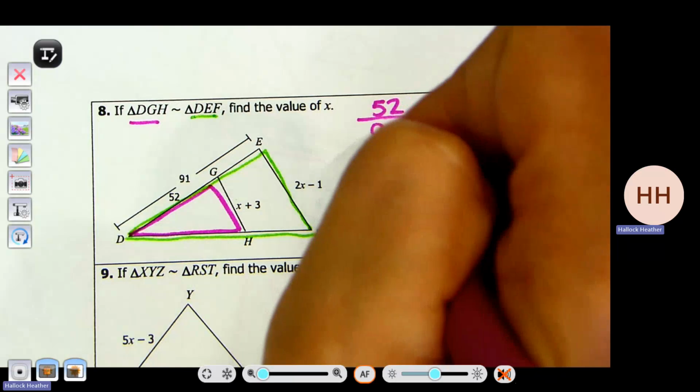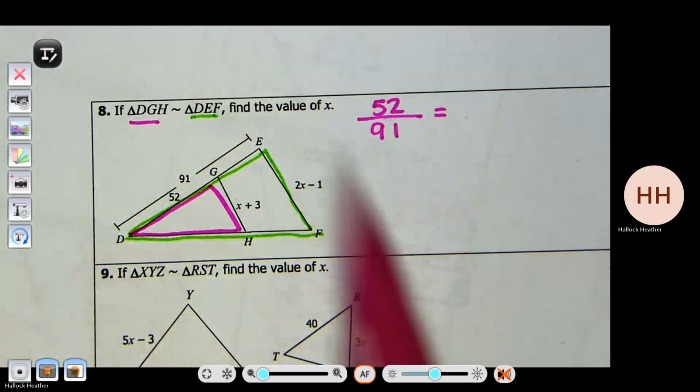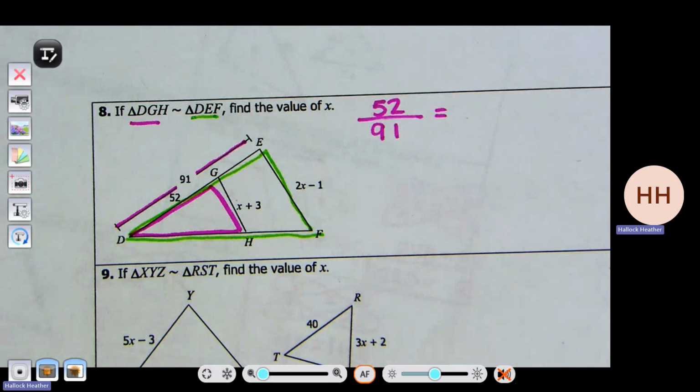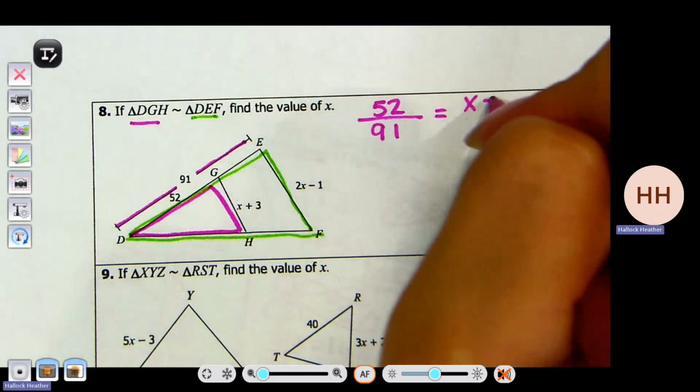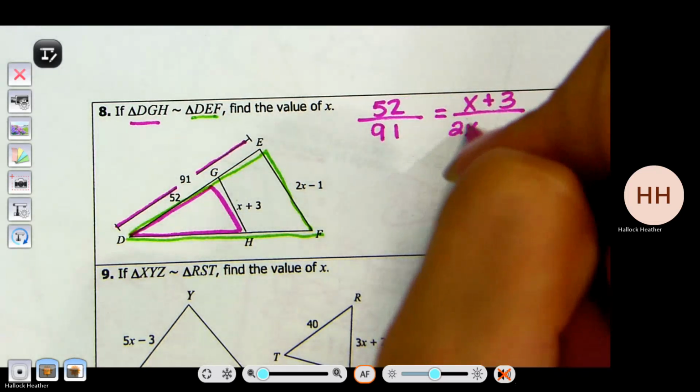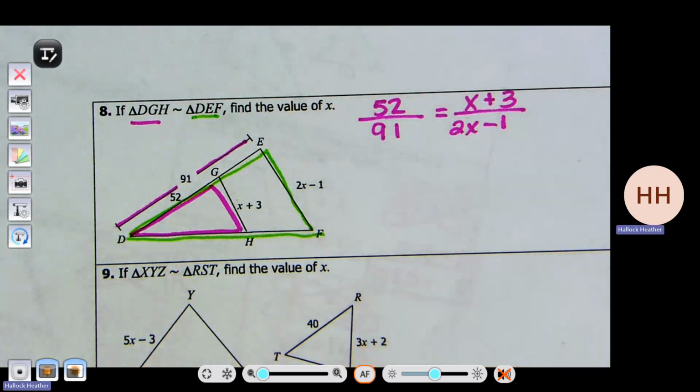So 52 over 91 equals this whole thing right here. So 52 is the small one, 91 is the big one. So now what else is on the small one? Good. Over the big one. Perfect. And then we just cross multiply, butterfly.